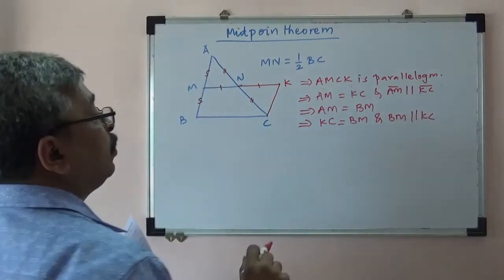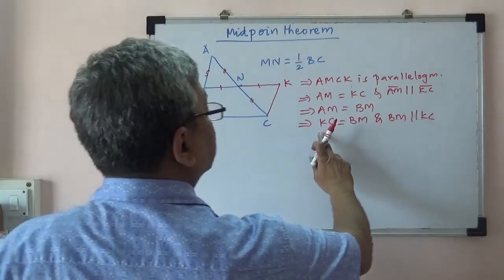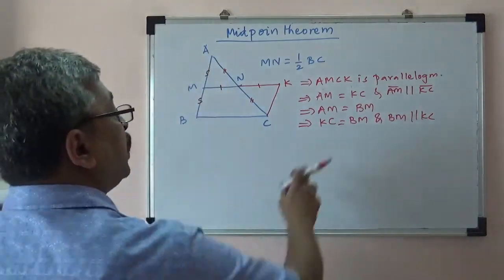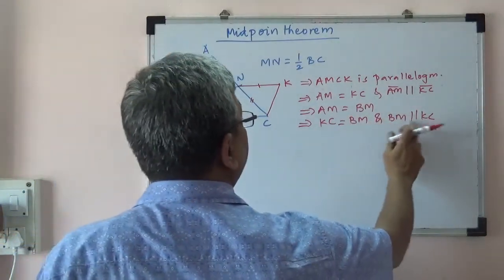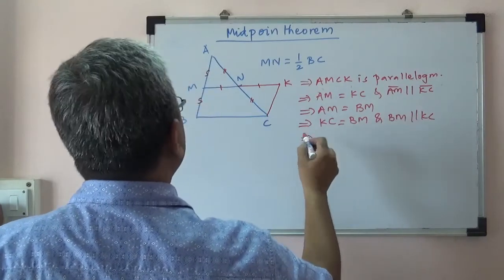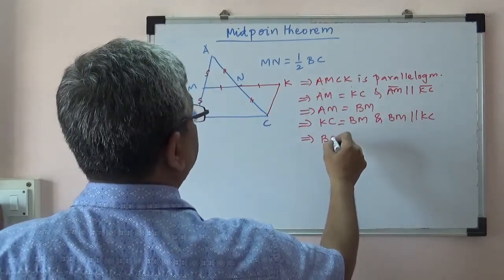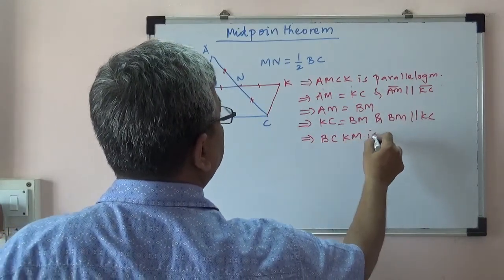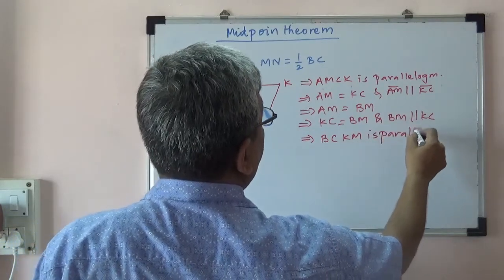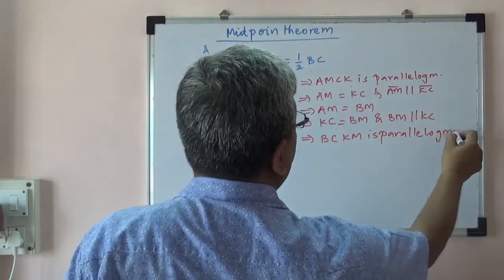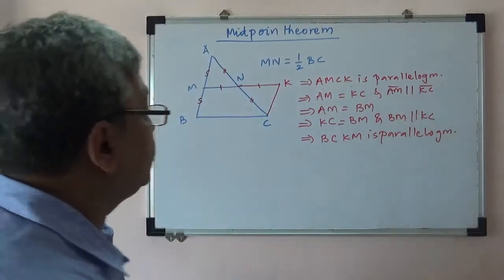Right? So now this is the seventh theorem application. If one pair of opposite sides is congruent and parallel, then it gives us BCKM is a parallelogram. Right? So this is the result that we get.